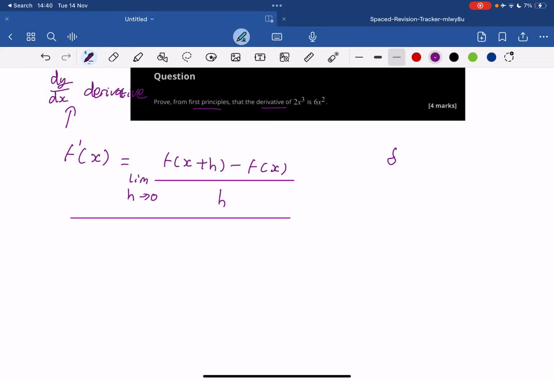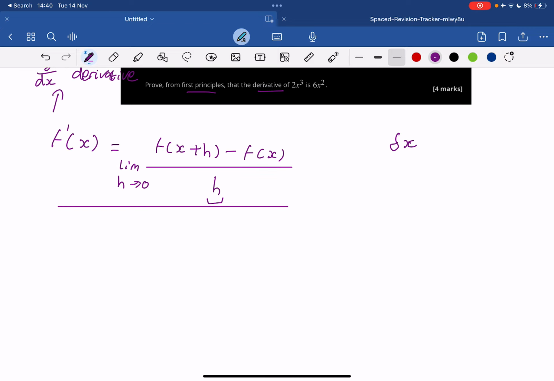Now, some people may use delta x or whatever. H is just meant to represent a very, very small value. So you can use any notation, but I typically use h. This is given to you in the formula book, but for fluency's sake, you should memorize it, in my opinion. This should be a free mark.